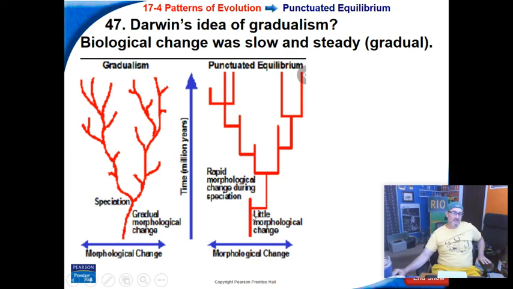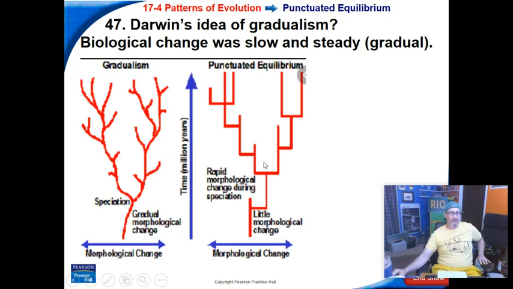There's no change in this species, but all of a sudden there's rapid change, and then no change, then rapid change, and no change, then rapid change, then no change, then rapid change. So gradualism is slow and steady changes. Okay, change is always taking place.